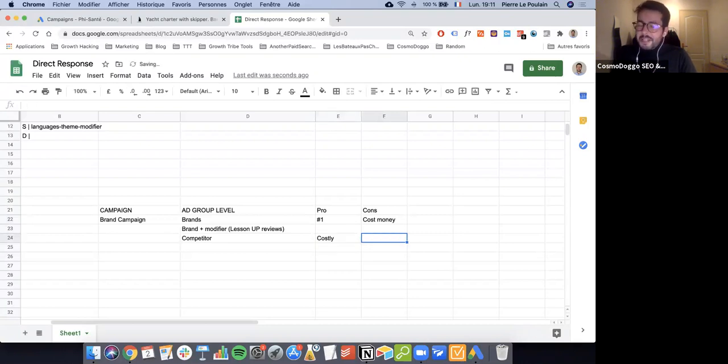Your cost per click can go above $10, $20. It can be really, really expensive. But the cost per conversion can be really, really low. Sorry, the cost per conversion can be really interesting, so it's not on cons, it's on pros. Sorry, I mixed it up a bit.